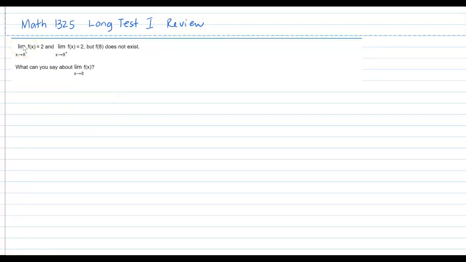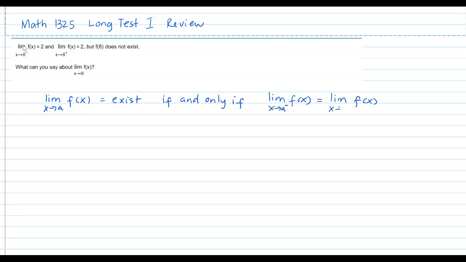Now, by definition, to say that the limit exists as x approaches a, this exists if and only if the left-hand limit of f of x as x approaches a from the left is equal to the right-hand limit of f of x as x approaches a from the right.